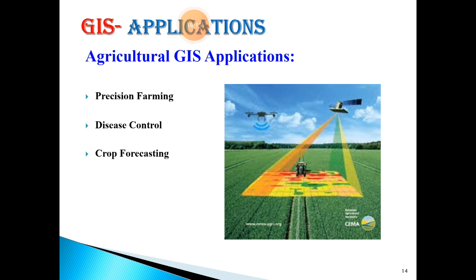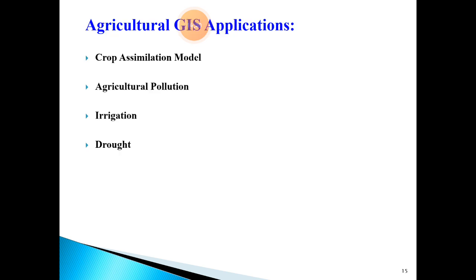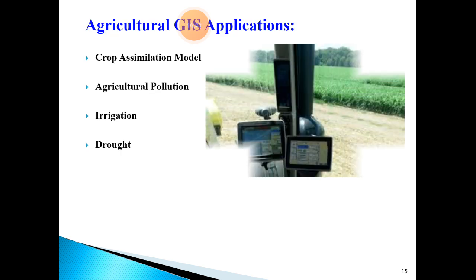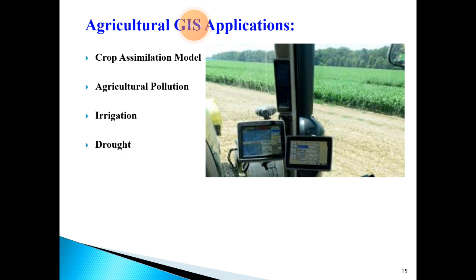GIS gives the details of soil conditions and weather parameters which are suitable for crop production. Thus, it helps in good crop productivity. This is called the crop assimilation model.